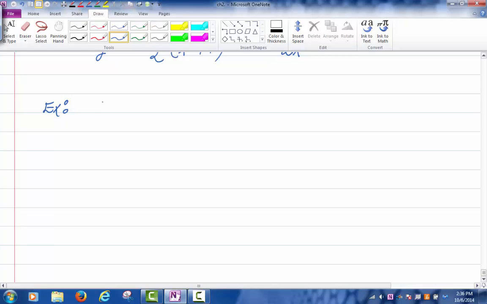Let's take the function g of x to be root of 5 plus root of 1 plus x squared. So let's say that's the function that I have. So how would you take the derivative now?